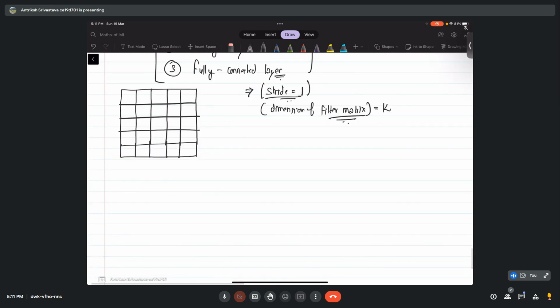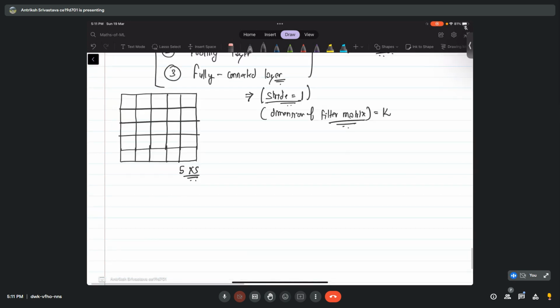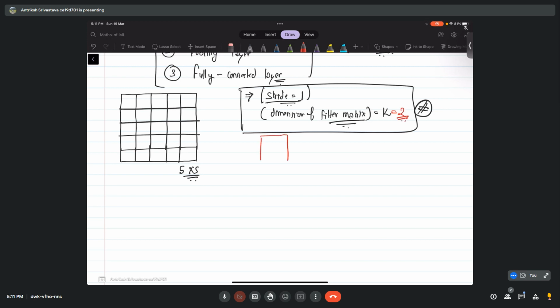You have a 5 by 5 image, and based on these two parameters, your model is going to create a k by k matrix. Let's say our k in this case is 2, so it is going to create a 2 by 2 matrix. We call this a filter matrix, and it will use this to go through all the 2 by 2 combinations in your 5 by 5 frame.